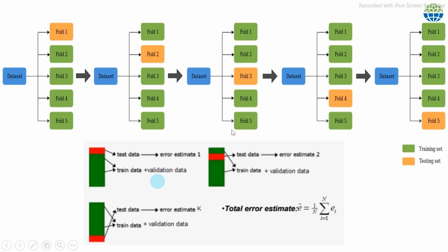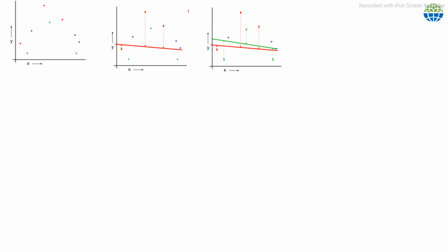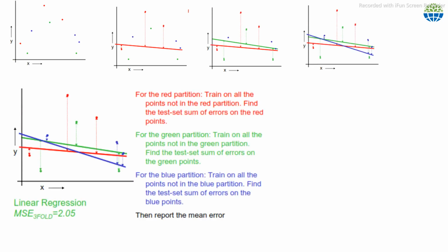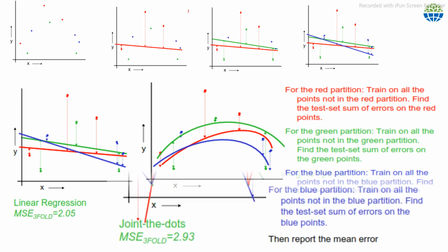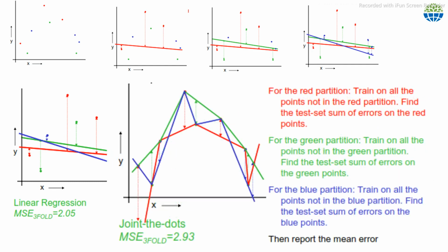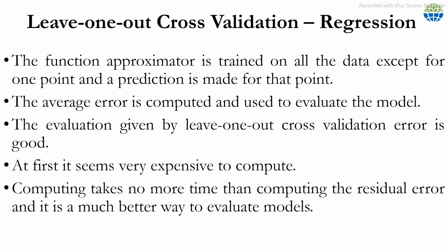Whatever number you have decided for k, you have to check with all those k numbers, and k minus 1 folds will be applicable as training data. So there are regression and correlation, many things. You can make linear regressions as per the requirement of your thesis or research paper.